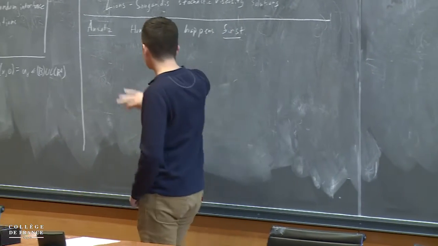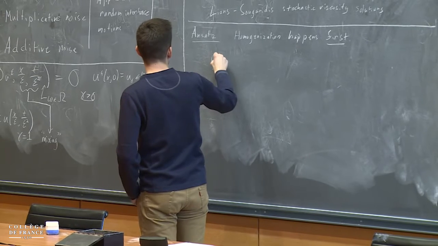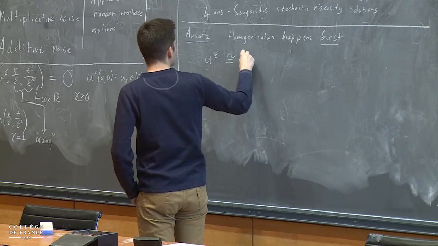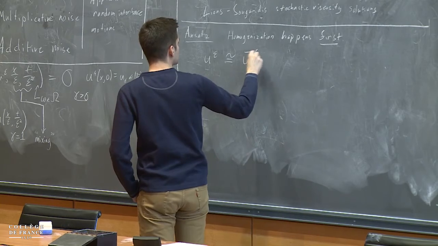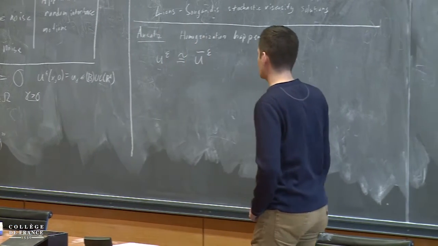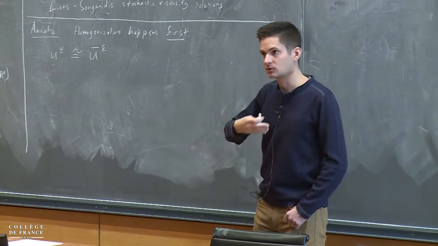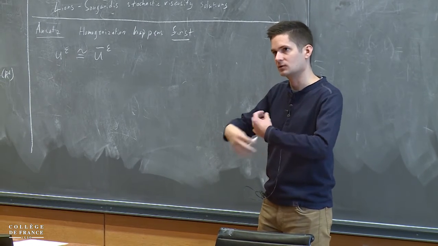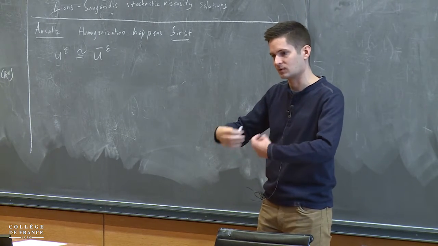Which, I'll write this down with symbols. This means that u epsilon will be approximated by some u bar epsilon, that still depends on epsilon, where the spatial oscillations have all been averaged out, but there's still the temporal oscillation.